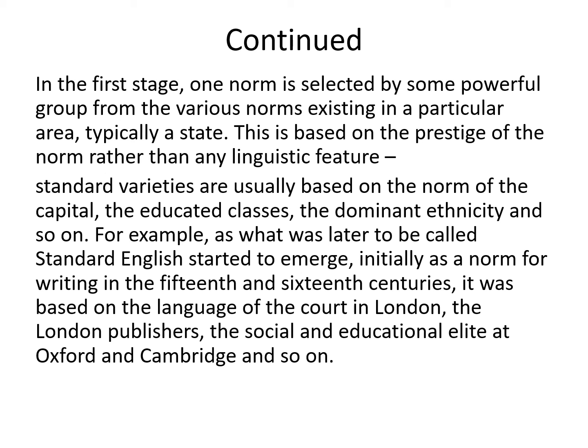For example, what was later to be called standard English started to emerge initially as a norm for writing in the 15th or 16th centuries, a long, long time ago. So it was based on the language of the court in London and the London publishers, the social and educational elite class at Oxford and Cambridge, and so on. Then they made an effort to make this accent a standardized accent.